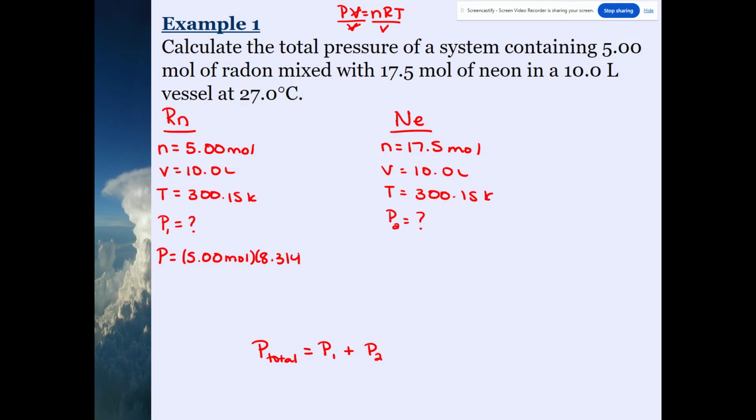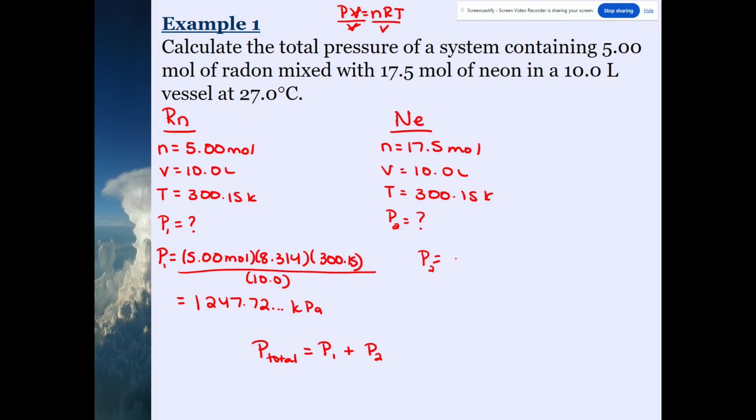I'm going to skip unit analysis in this question. Times 300.15 Kelvin, divided by a volume of 10.0 liters. Okay, I'm just going to go through quickly doing this calculation. 5 times 8.314 times 300.15 divided by 10 gives me 1,247.72 so on kilopascals for P1.